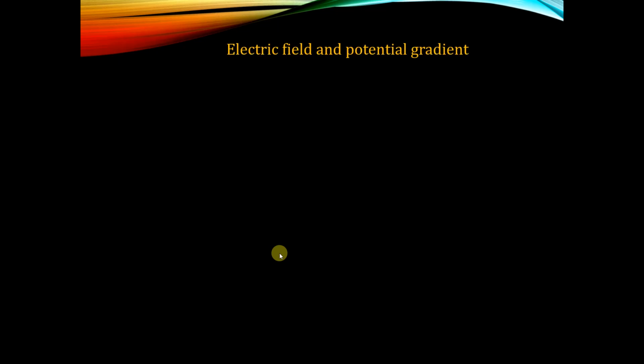Now let's get a relation between the electric field and the electric potential. We have from the previous lecture that the difference in potential between an initial point and final point can be written as VA minus VB is equal to integral A to B E dot dl.